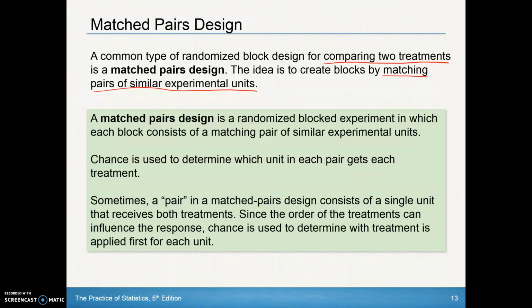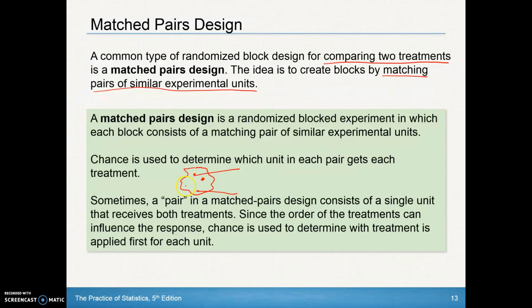In a matched pairs design, you might have a whole group of people, and what you're going to do is find a person in that group and then look for another person that's got similar attributes in that same group. Put them into one group, put the other into the other group for treatment, and continue to do that throughout the experiment.